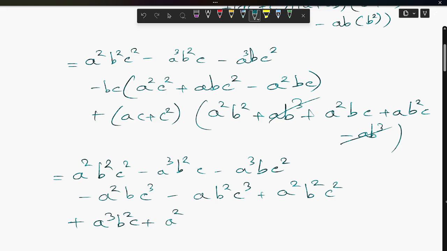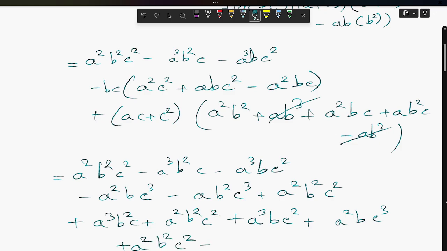We will get a square b square c square, plus we will get a cube b c square, plus a square b c cube, plus a square b square c square, plus a b c cube. So finally all the terms will be cancelled out.